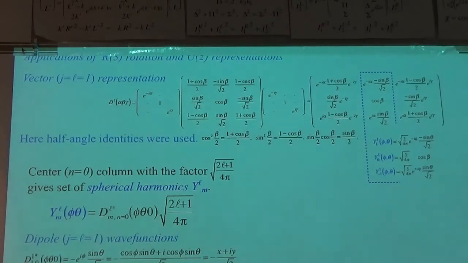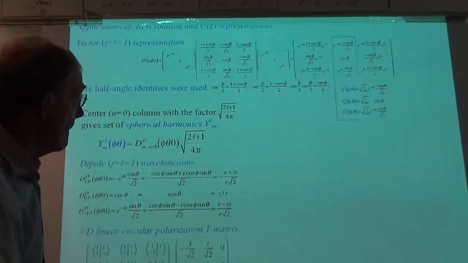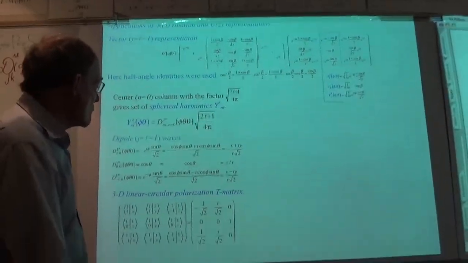Okay, so there's your dipole functions right there: x plus iy, z, and x minus iy, divided by radius, are the other part of the spherical coordinates. The radius just sits outside of all of this. So that's your wave functions right there in terms of x and y.